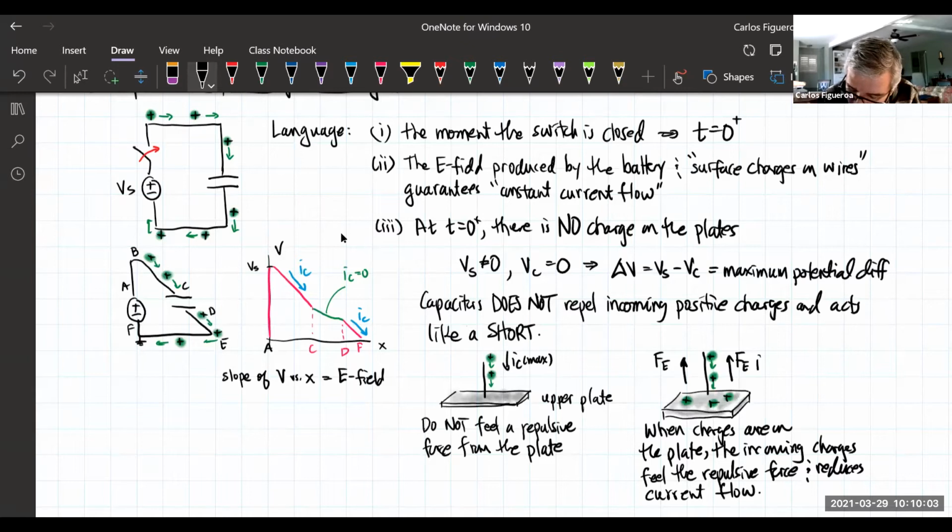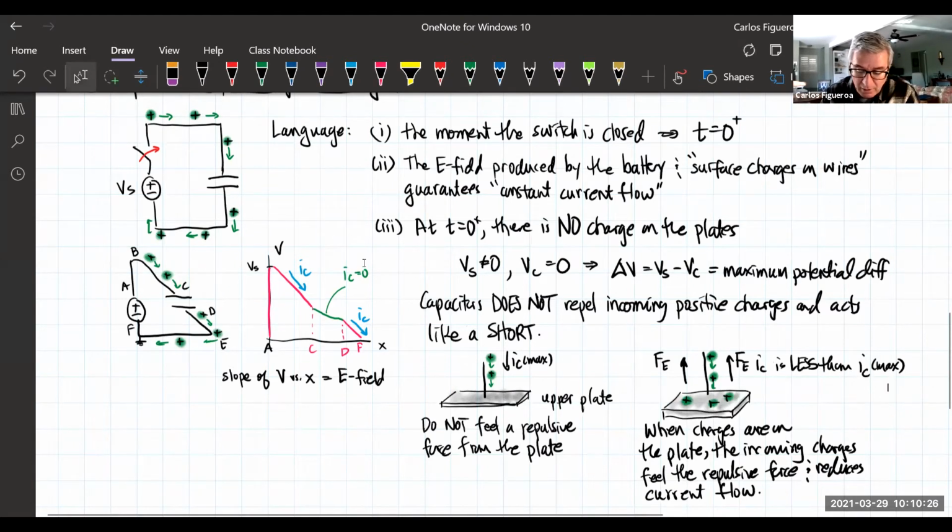In this case here, IC is then going to be less than IC max. That's my point right there. So when there's no charge on there, you get maximum current flow.